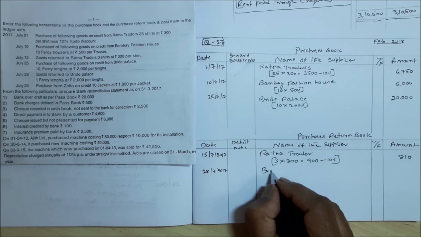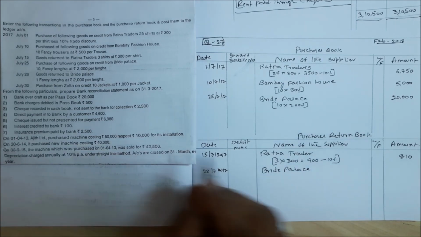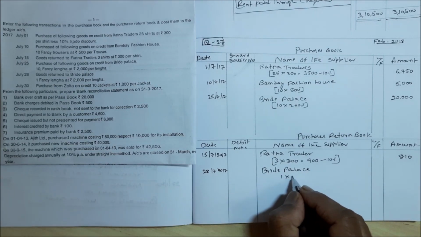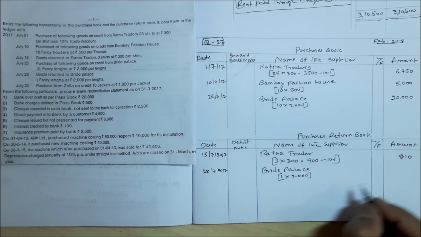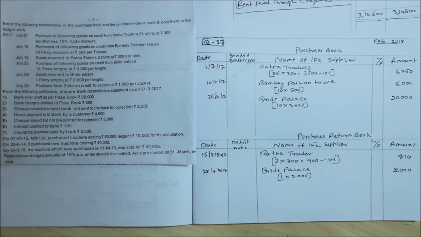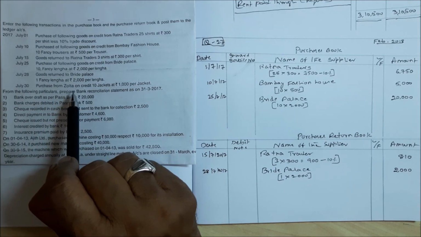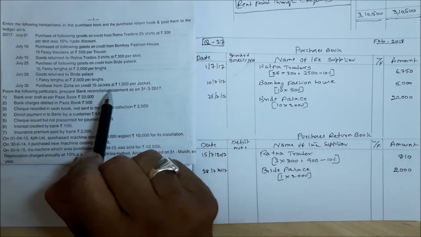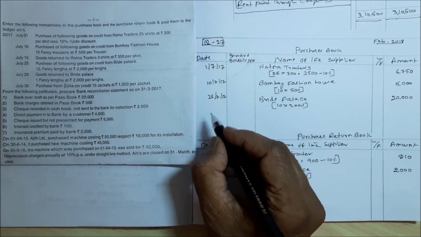Bride Palace, that is 1 into 2,000. Earlier we have not taken any discount, so it is the original price. It has been written. Next, July 30th, purchase from Zolta on credit 10 jackets at rupees 1,000 per jacket.